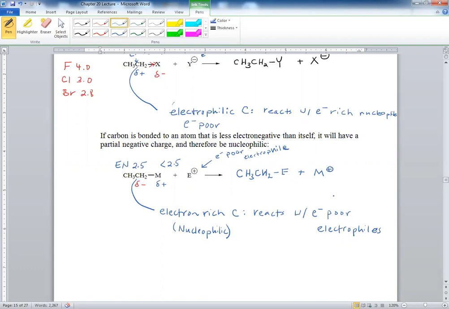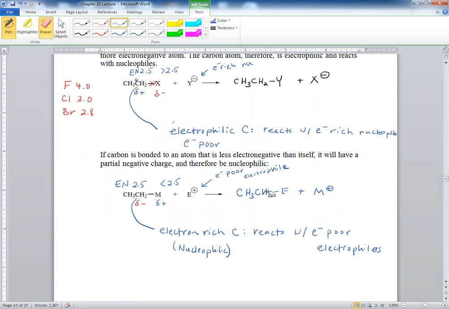So once again, notice how the carbon in this case was the electron rich and was able to attack the electrophile, versus being attacked by the nucleophile in the previous case.